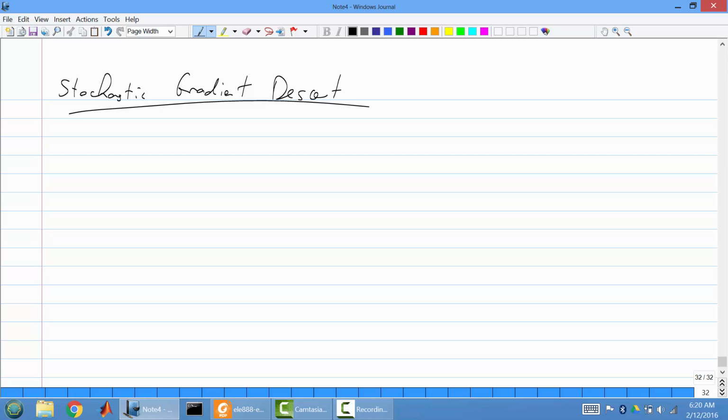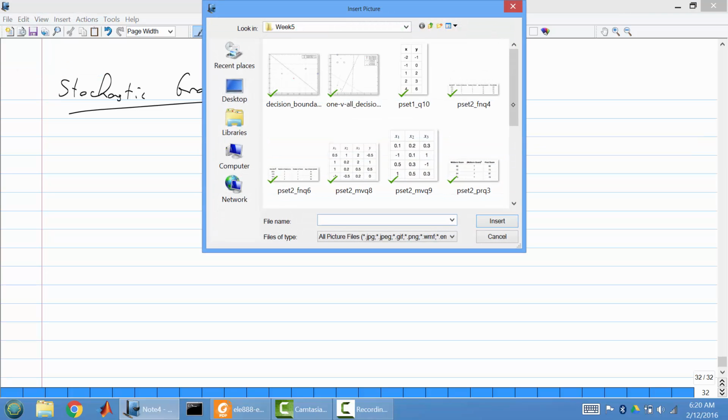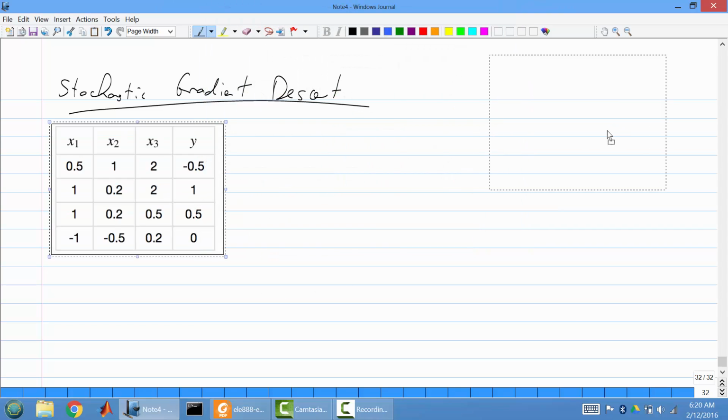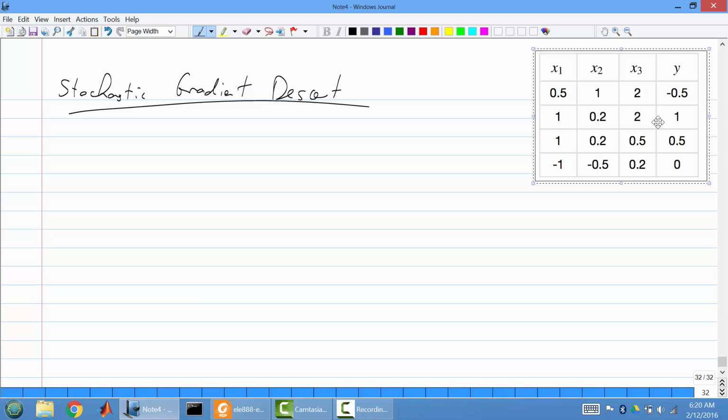Okay, so let me see, did I write down these features? Yes, I did. So we're going to use this data before. Okay, so let's just recap. The hypothesis that we have is we currently are exploiting this.